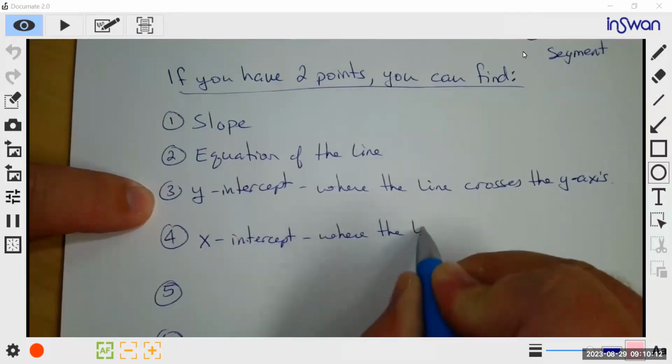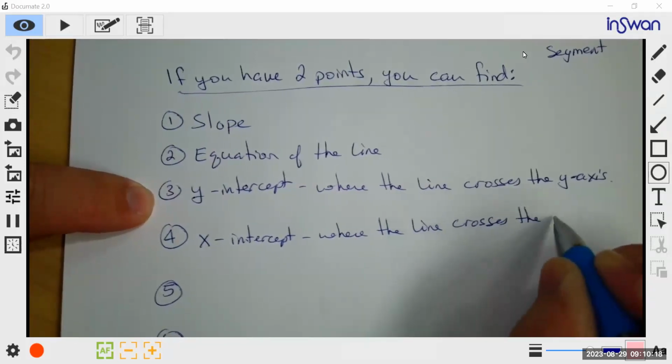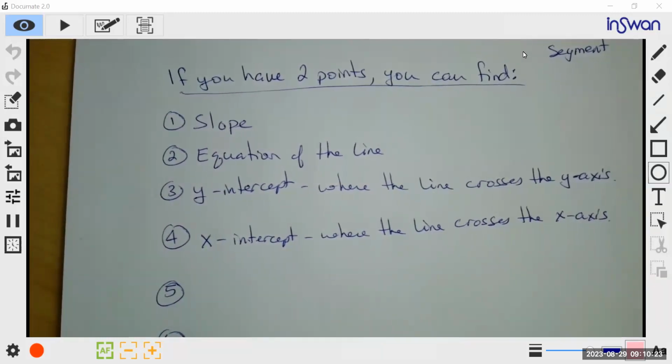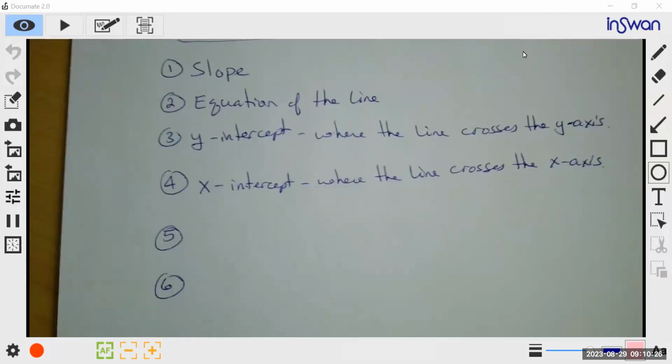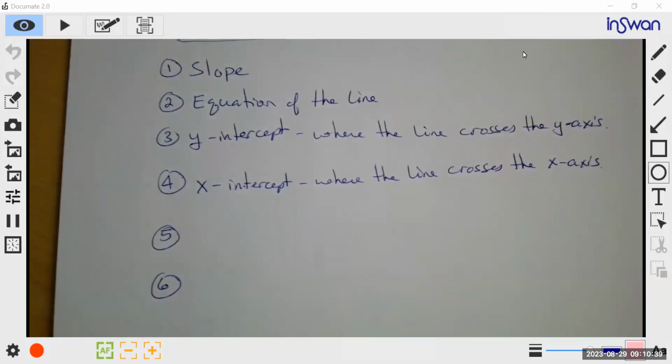That's where the line crosses the x-axis. Two more big things. That's not a line. If it bends, it's not a line. A line has to stay the same. The definition of a line is the ratio between any 2 consecutive points is always the same. Basically, the slope between each 2 points is the same. So it has to be straight.